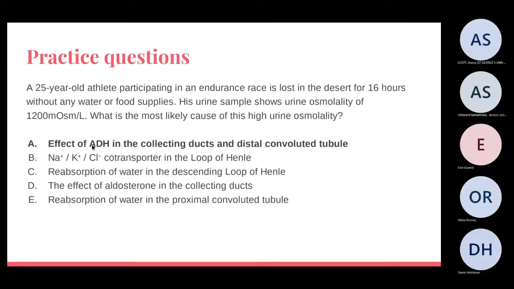So while there are other sort of reabsorption bits happening elsewhere in the kidney, the major part of your concentrating urine is your antidiuretic hormone, your ADH, and your collecting ducts and your distal convoluted tubule, and that's the bit that will really stop you from weeing if you need to conserve water.